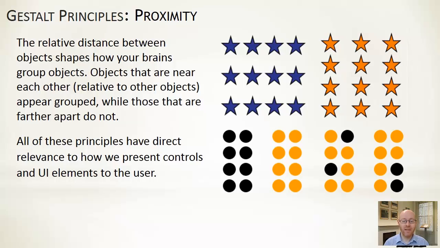And the cue that enables our brains to do that is the relative distance between them. So for the purple coloured ones, they are closer on a horizontal spacing than they are in a vertical spacing. So we then group them together into a row of 4, and we have then 3 rows of 4. And it's the other way around in terms of the orange stars, where we have 3 columns of 4. And that spatial partitioning is quite a powerful factor.